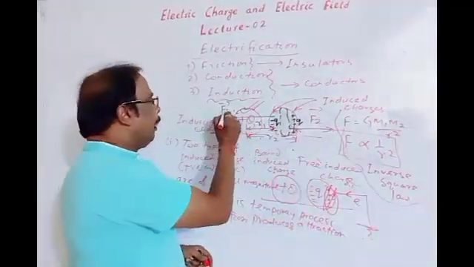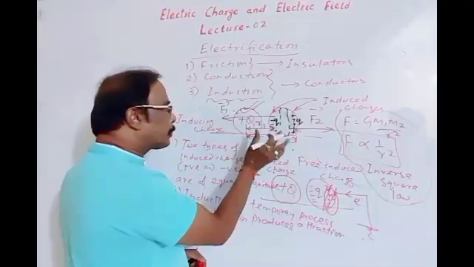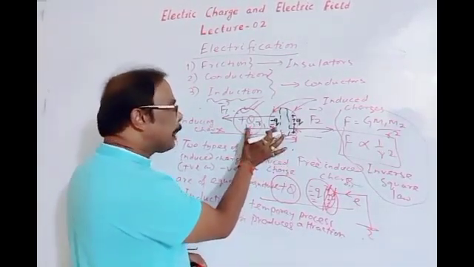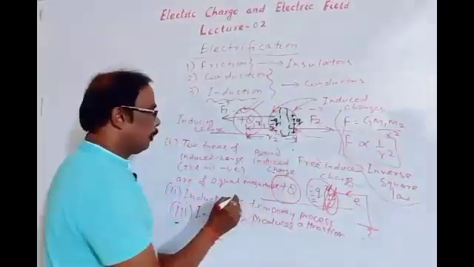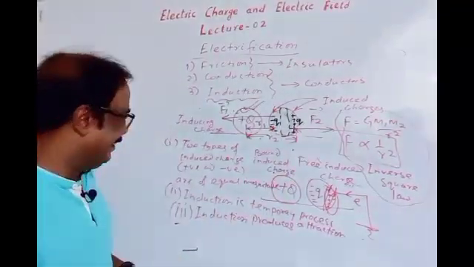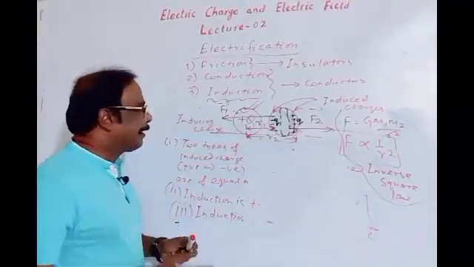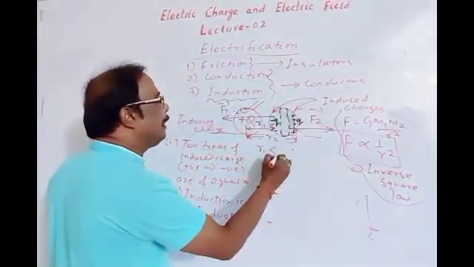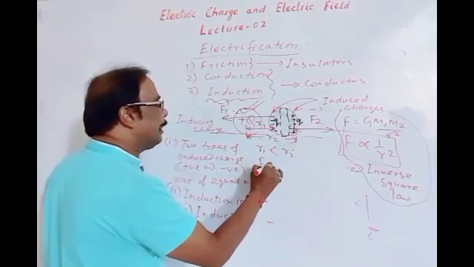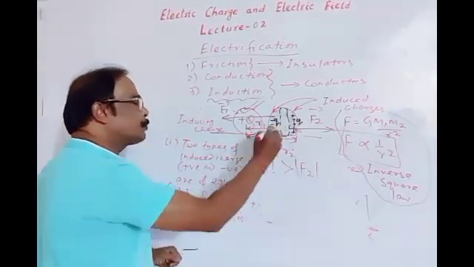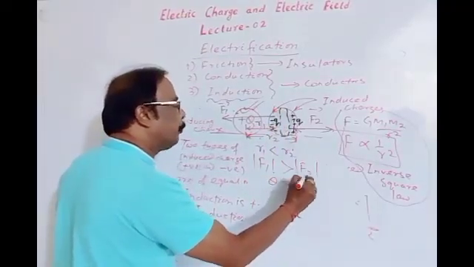Since r1 is less than r2, magnitude of force F1 is greater than magnitude of force F2. Also, angle between them is 180 degree.